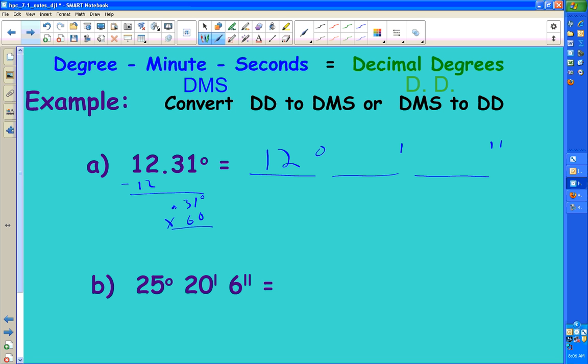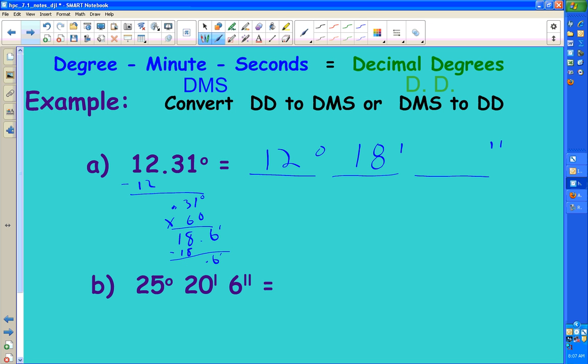Now, 0.31 degrees times 60, how much do you get? Holy cow. 18.6. We need decimals. So 18.6 minutes. So this is now minutes. So that means we have 12 degrees, 18 minutes. If you subtract your 18 minutes, you're left with 0.6 minutes.